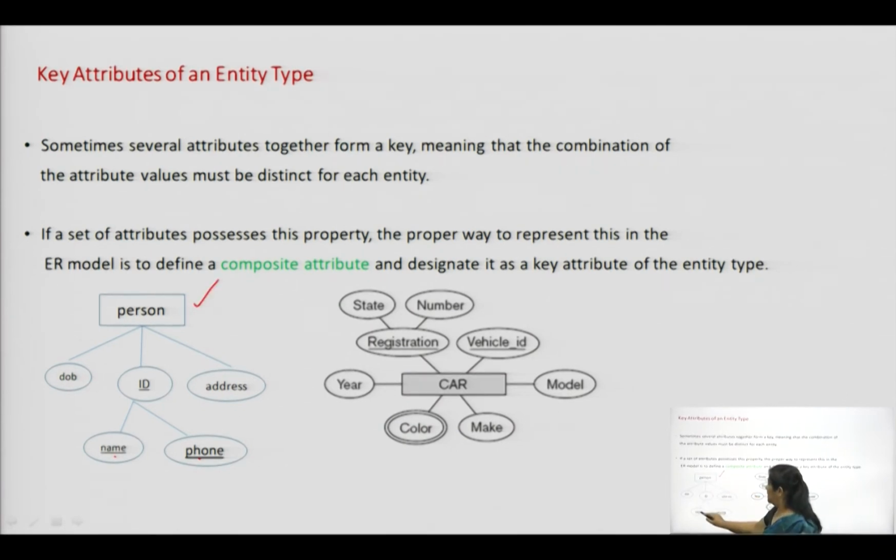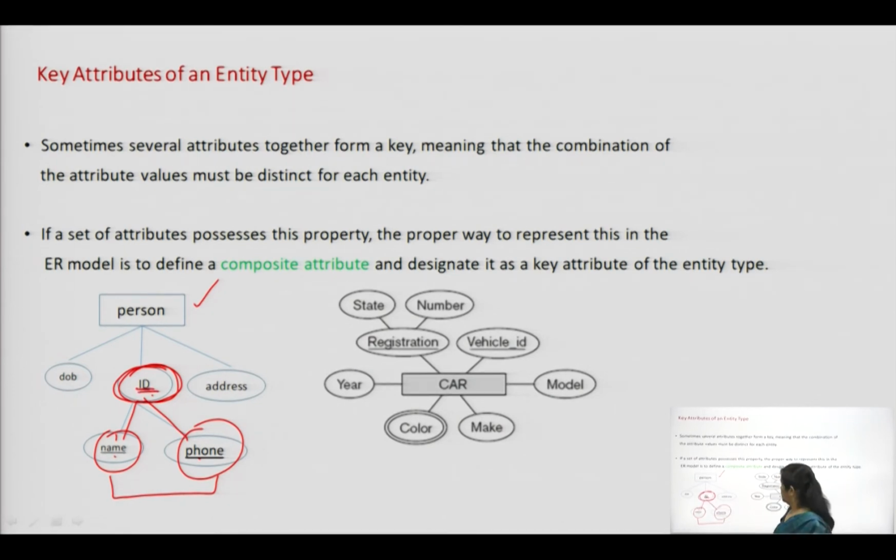That means the name alone cannot be the key and the phone alone cannot be the key, but the combination of name and phone is going to be unique. So, in that case we will create another attribute, a composite attribute, like I have done ID over here, and this composite attribute will contain these two attributes and this will then become the key.